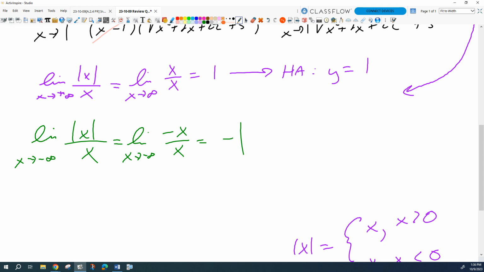As x approaches negative infinity, I've got the horizontal asymptote y equals negative 1. Okay, because this is like an infinite step function, isn't it? Remember these? Absolute value of x over x just looks like that step function where it just does that, right? Make sense? Okay, good question. A lot of stuff going on in that one.